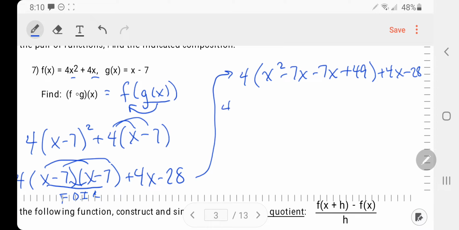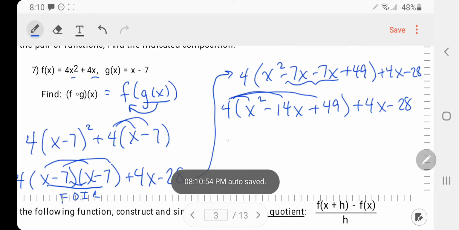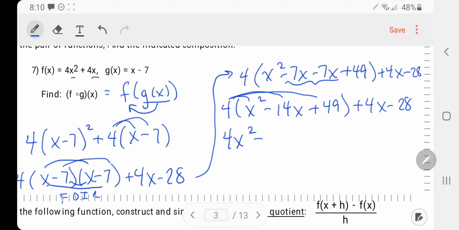Whew. All right, so we're going to have 4 times x squared. I've got to combine my like terms. Minus 14x plus 49 plus 4x minus 28. And now the 4 can distribute. 4x squared minus. All right, so what is 4 times 14? That is 56. And 4 times 49, that is 196. Plus 4x minus 28.